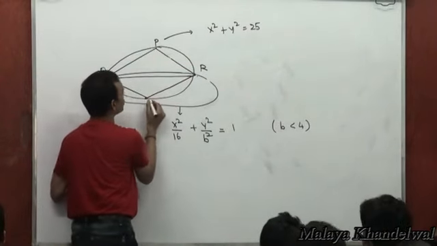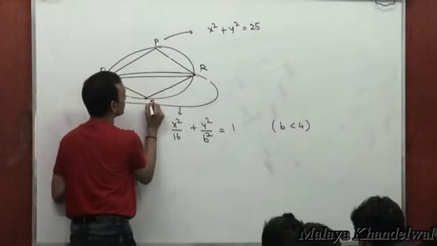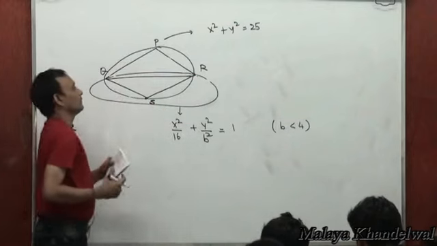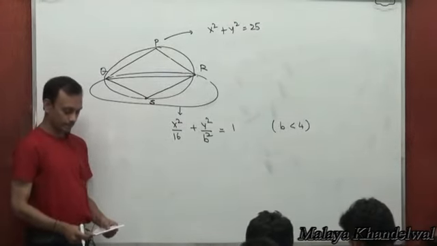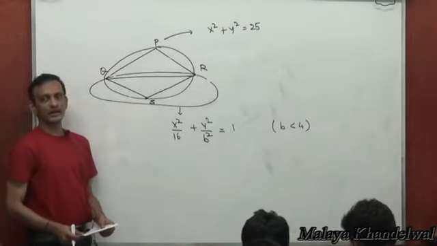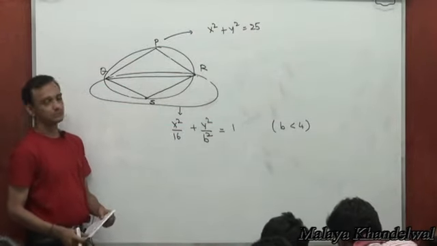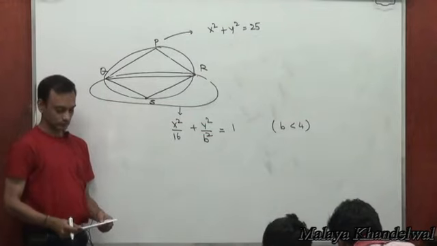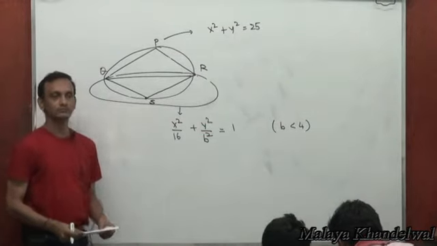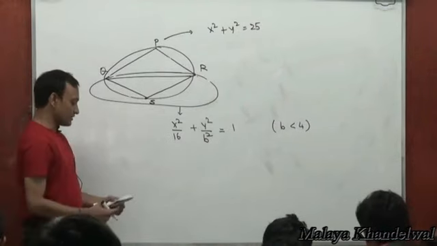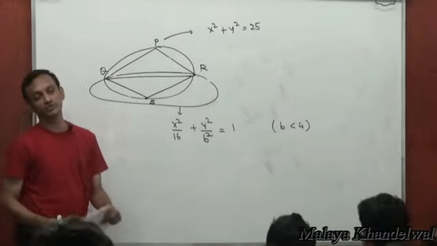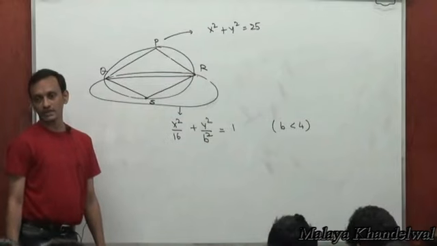Just change that to PQSR. We need to find the value of the eccentricity of the ellipse.